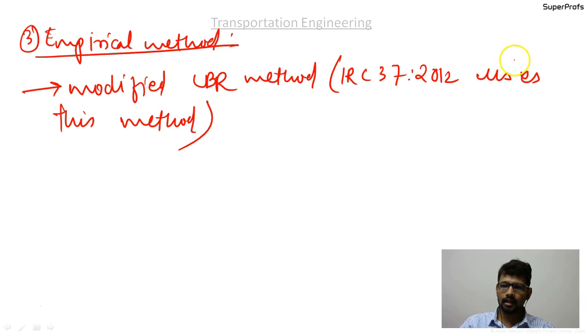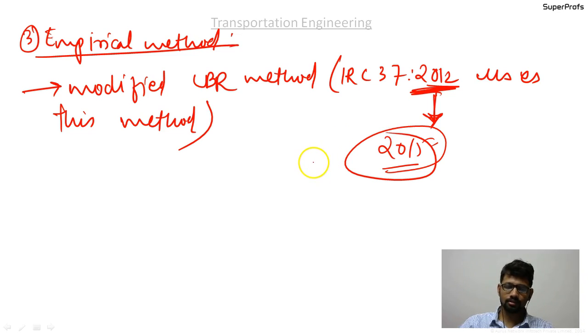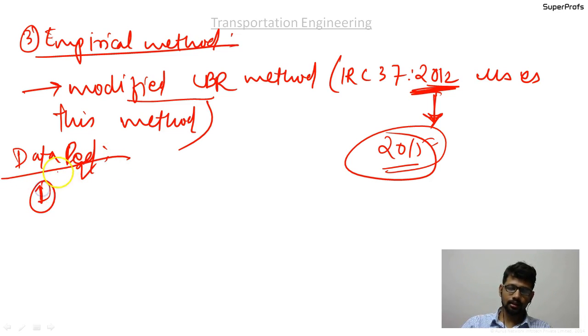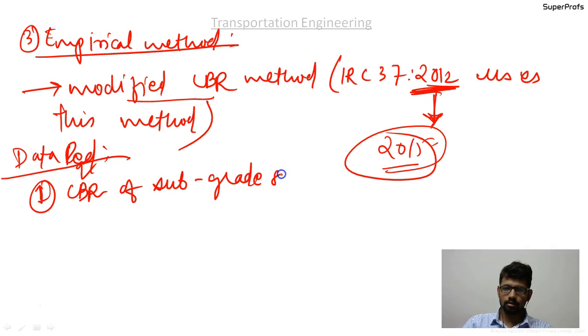This IRC 37 2012, in practice, came in 2015, so it is very recent. Let us discuss what this modified CBR method is. The data required: first, you need the CBR of subgrade soils.